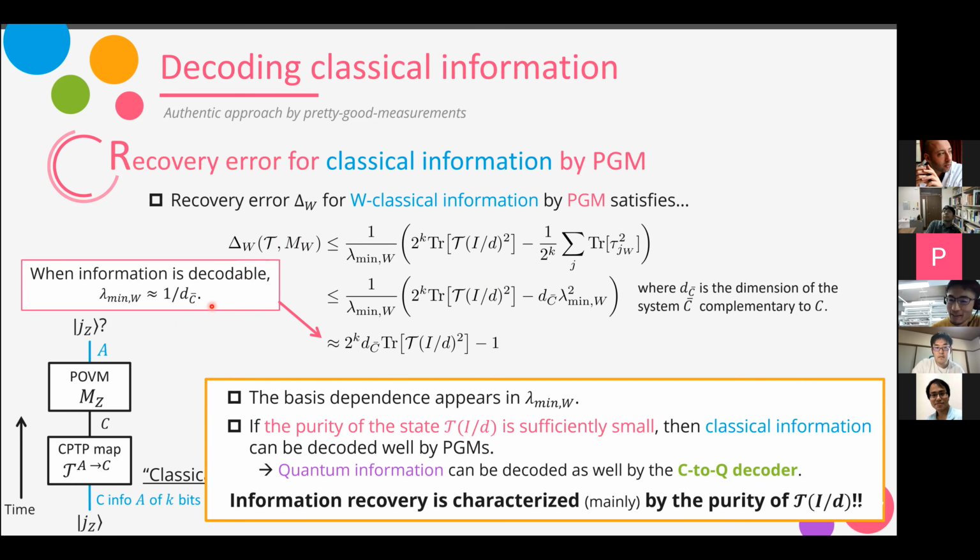Which cases did you try? Good question. I just assumed that this CPTP map consists of scrambling dynamics plus some noisy map. So this is very heuristic, and I think there is an exceptional case, but as far as I computed, assuming the scrambling dynamics, this seems to hold. I see. Thank you.